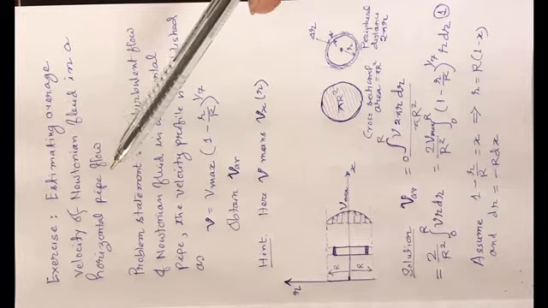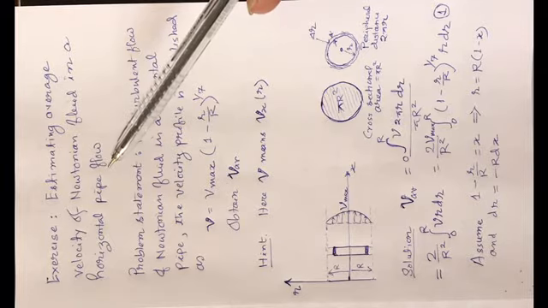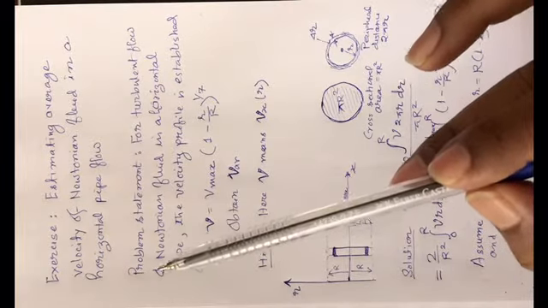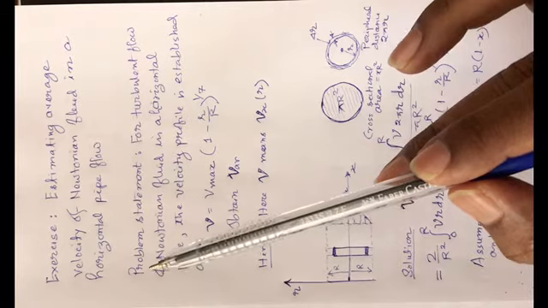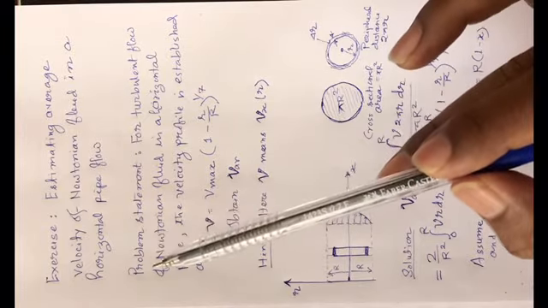So this fluid being considered is a Newtonian fluid and it is flowing through a horizontal pipe. We have done a derivation of the Hagen-Poiseuille equation. So now this can be considered as an extension of that particular problem.